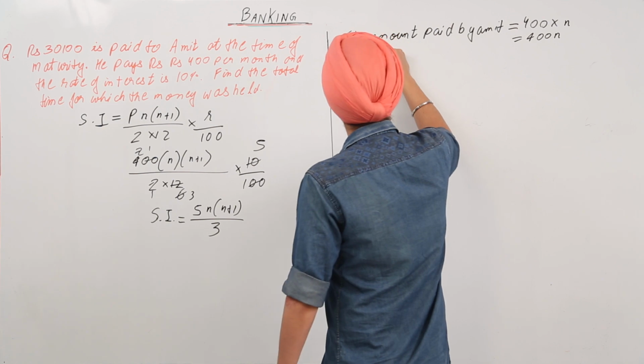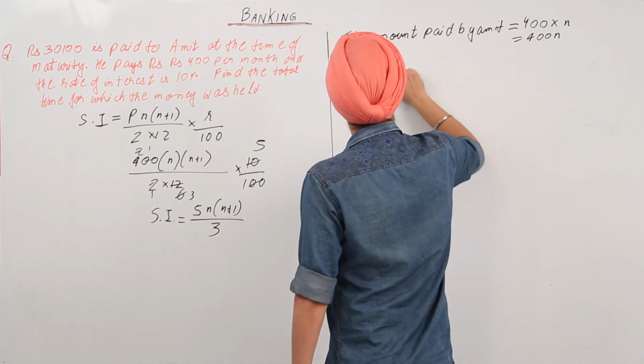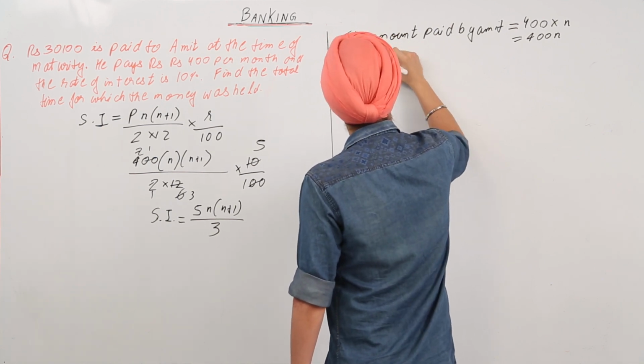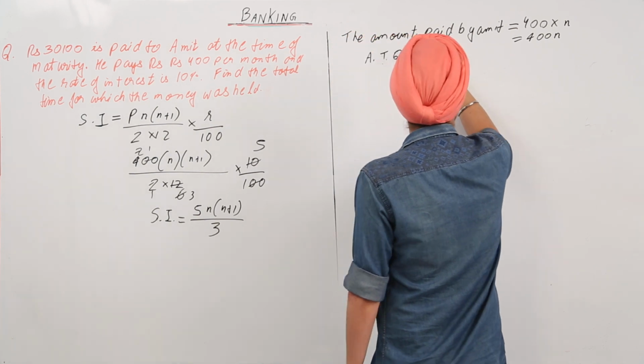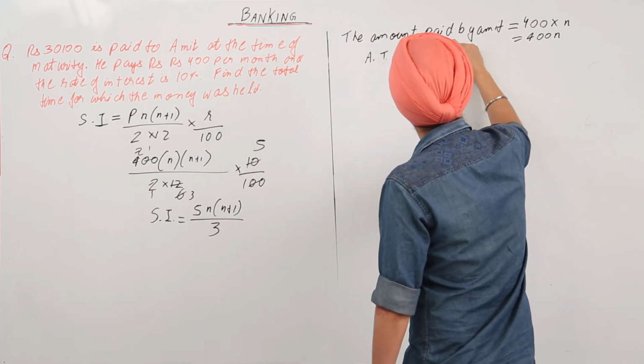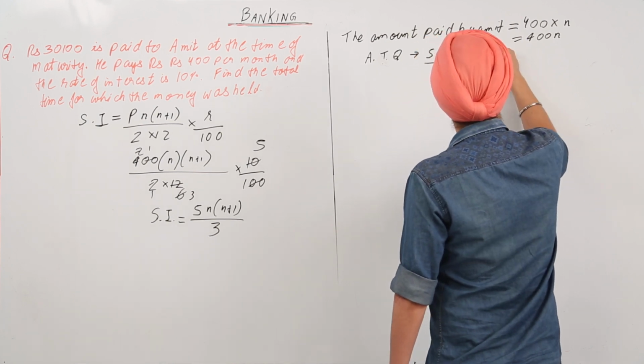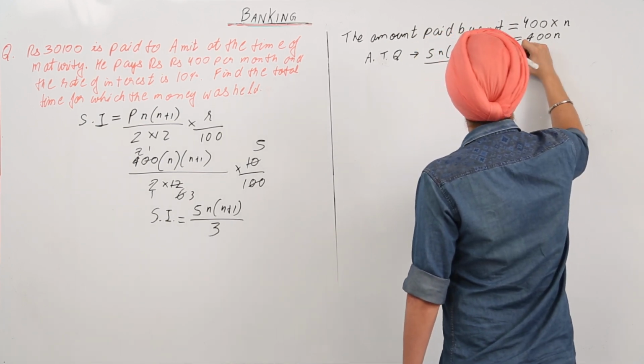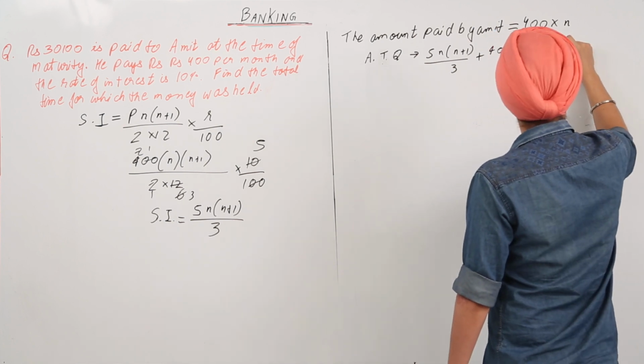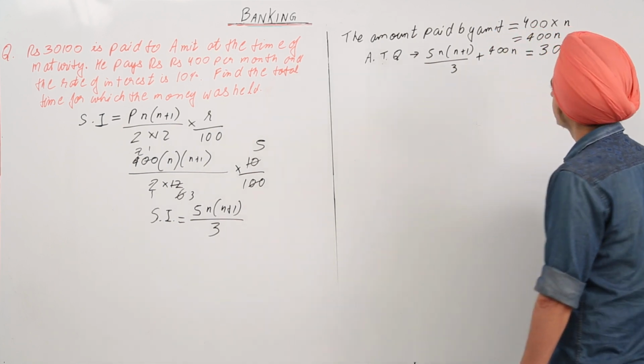So according to the question, we have 5N into N plus 1 upon 3 plus 400N is equal to 30100.